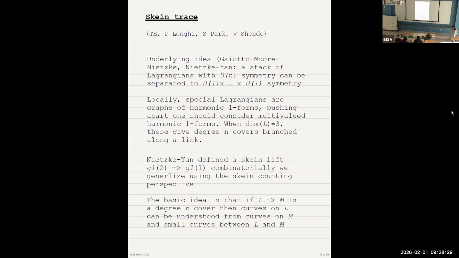something like this: you have L sitting somewhere, and M sitting somewhere, and L is sitting very close to it.